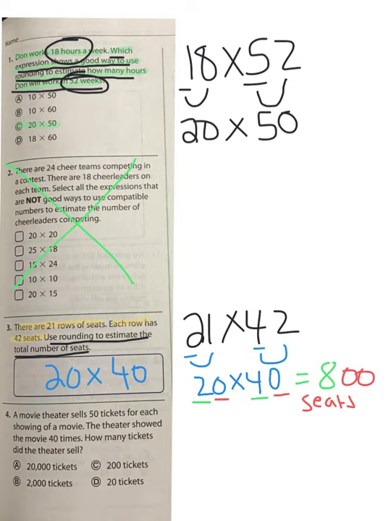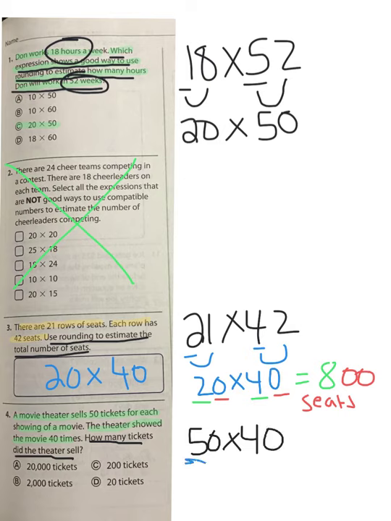Number 4. A movie theater sells 50 tickets for each showing of a movie. The theater showed the movie 40 times. We want to find out how many tickets did the theater sell. So we need to multiply 50 times 40. Underline your basic fact.